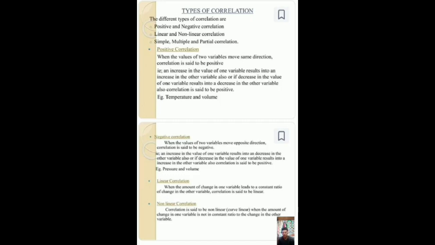First, I will discuss the positive correlation. When the values of two variables move in the same direction, correlation is said to be positive. If the two variables move in the same direction, their correlation is positive. For example, an increase in the value of one variable results in an increase in the other variable, or a decrease in one variable results in a decrease in the other variable. Then the correlation is said to be positive.